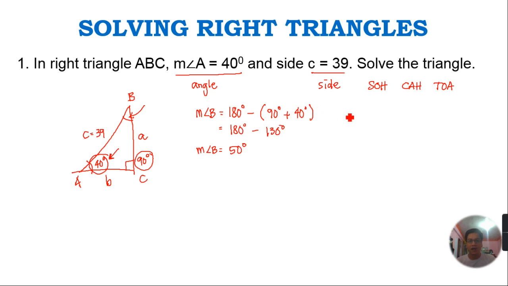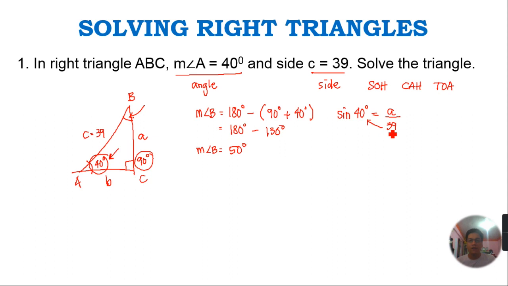So, meaning to say, we can use sine. Sine 40 degrees is equal to A over 39. So we have the variable A, which we can solve already. In this case, we can multiply both sides by 39, or simply the shortcut way of doing this is to cross multiply.